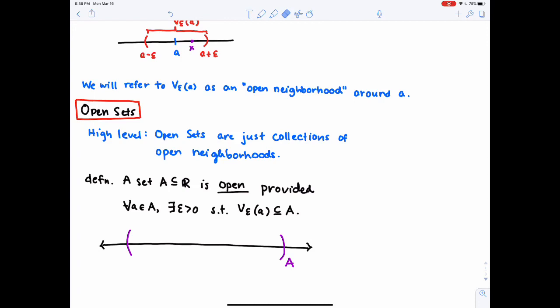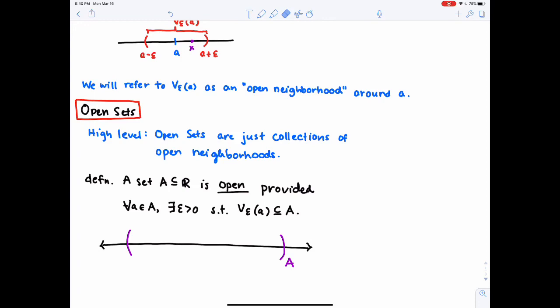The definition is a little bit differently stated. It says that a set A is open provided for any point a that you select from your set, there has to be an epsilon neighborhood around it that stays entirely inside your set. So here I have drawn a picture of an open set.